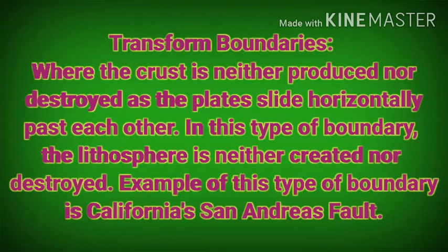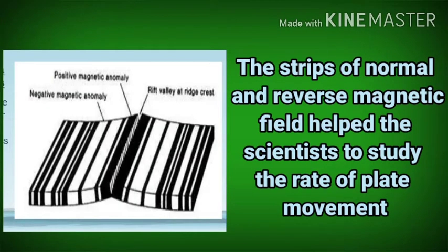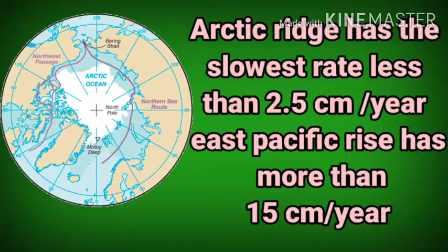So, let's move to the next topic of this major topic, that is rates of plate movement. The rates of plate movement are determined with the help of the stripes of normal and reverse magnetic field that parallel the mid-oceanic ridge. As already I told you in our second video, the Arctic ridge has the slowest rate.